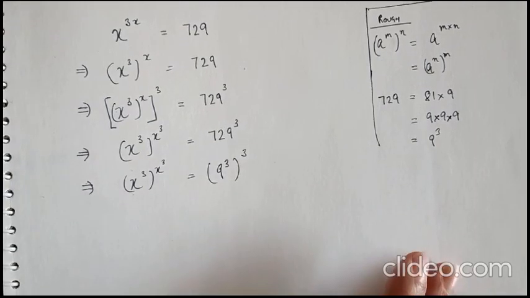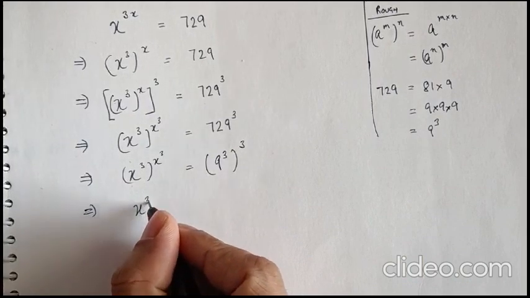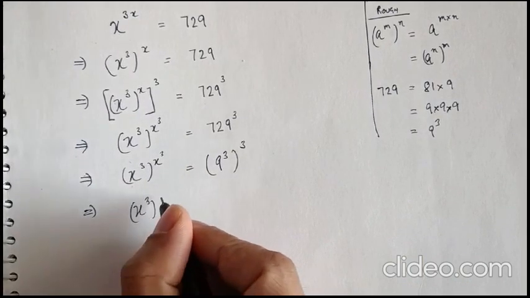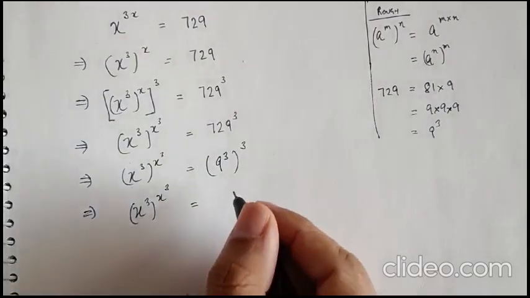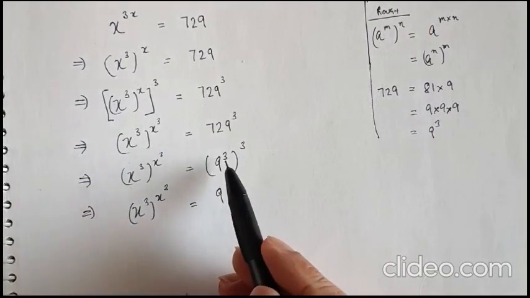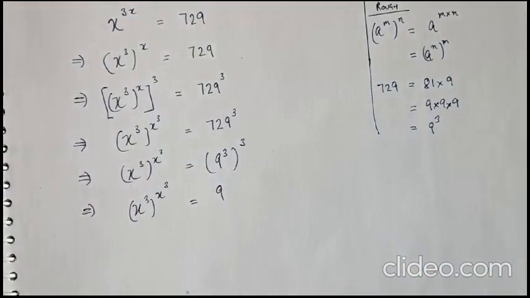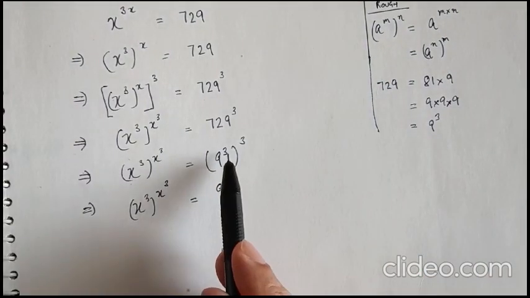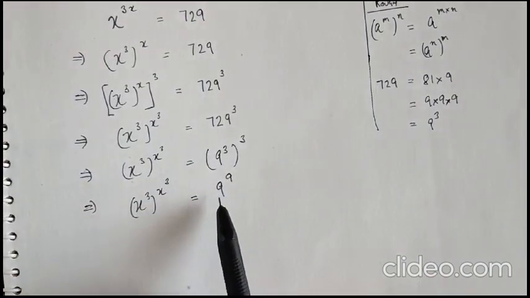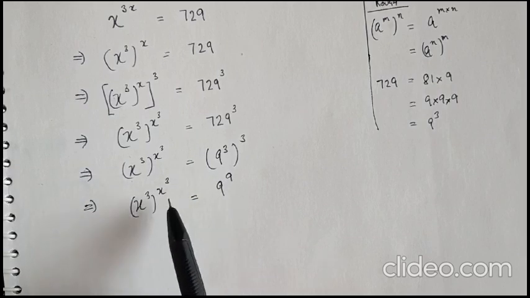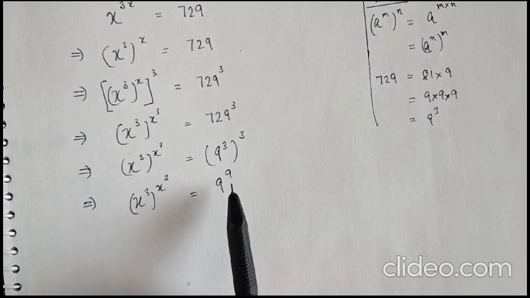So x cube to the power of x cube is equal to 9 cube whole to the power of 3. Again, this implies x cube to the power of x cube is equal to, I bring this 3 outside, a to the power of m to the power of n is equal to a to the power of m into n. So 3 into 3, that will be 9. So you see here, x cube to the power of x cube is equal to 9 to the power of 9, right?